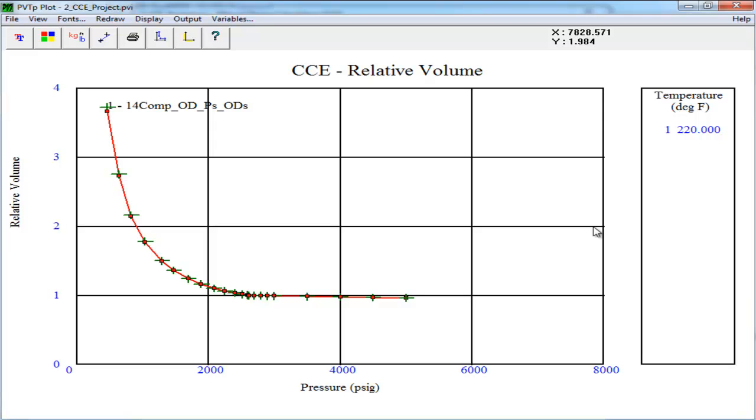So now we will need to calculate the average absolute error for the oil compressibility, relative volume, and Y function. Let's start with the average absolute error for relative volume.